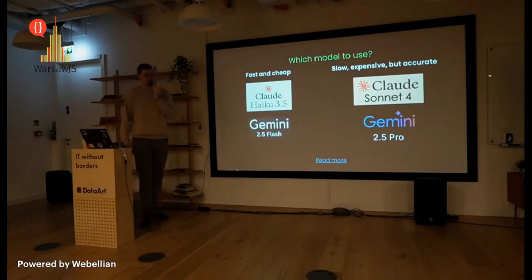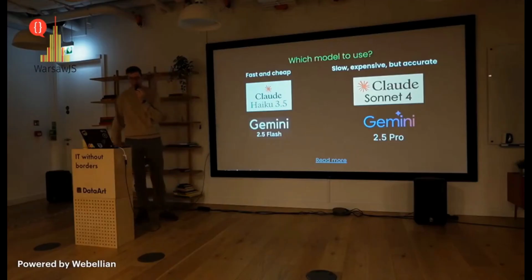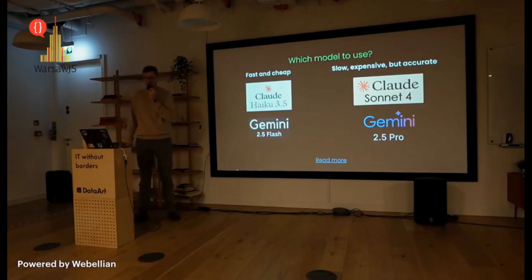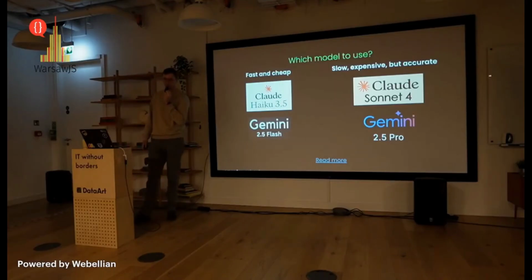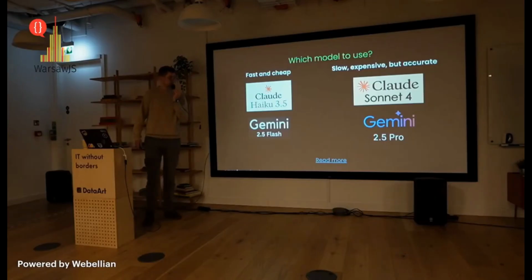And when it comes to choosing the model, we didn't train our own model. We used what is available in the market, just to not waste a lot of time for that. And I can say that there are two types of models: fast and cheap models, which are good for some simple tasks like generate the app name, or just continue conversation with the user in the chat.